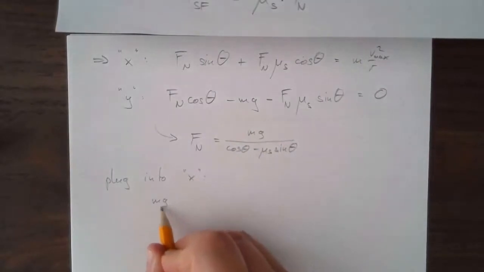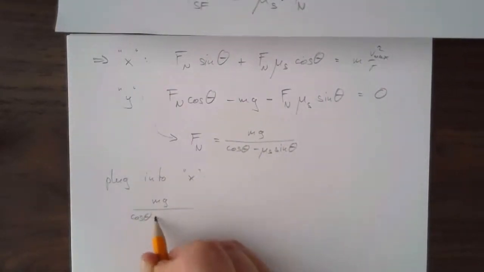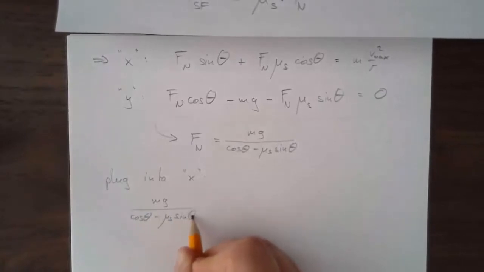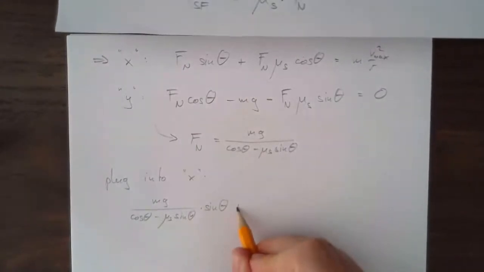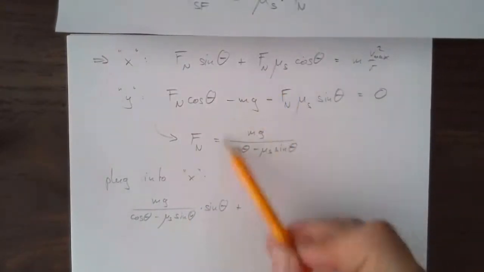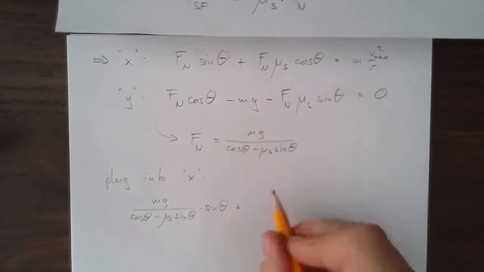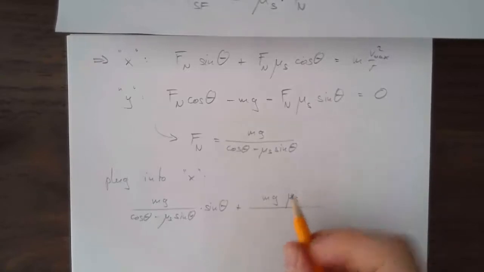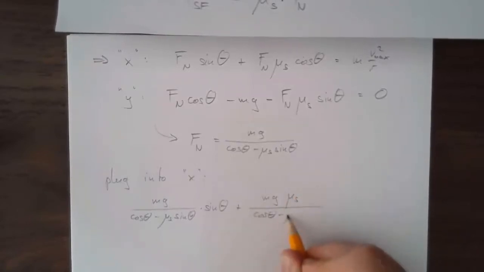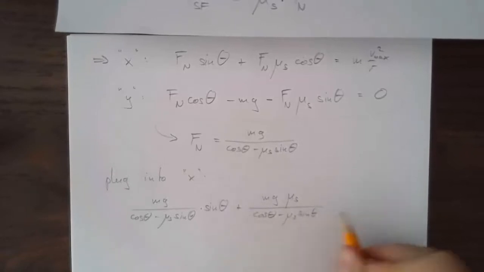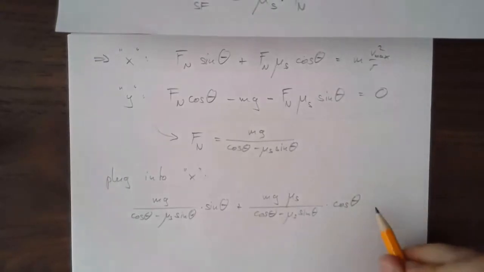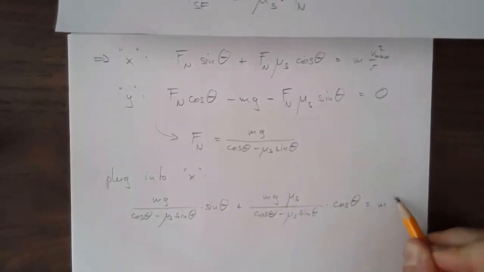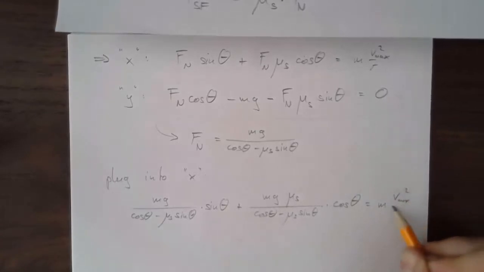So I get mg divided by cosine theta minus mu s times sine theta, plus, I'm going to plug this thing in here, mg, and I'm going to put the mu s on top just because it looks good, divided by cosine theta minus mu s sine theta, times cosine theta. And that whole thing is equal to m v max squared over r.